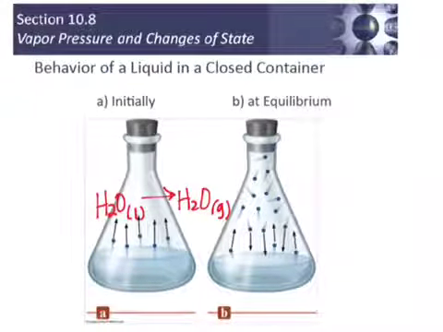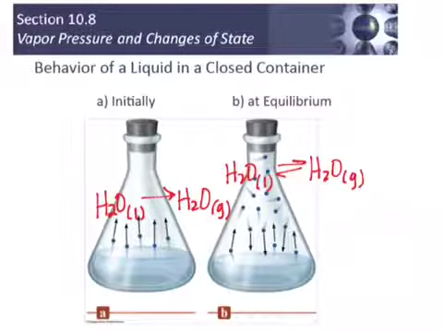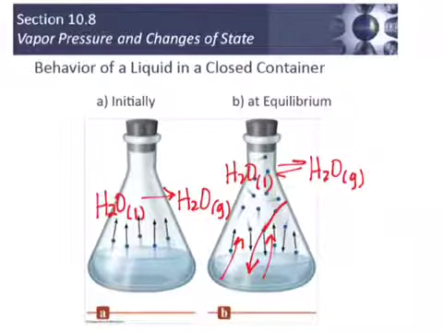As time goes by, at equilibrium, the amount of water going from liquid is in equilibrium with the amount of water going into the gas phase. So you have some coming out, and you have some that get enough kinetic energy and go back into solution. Okay, and that's at equilibrium.